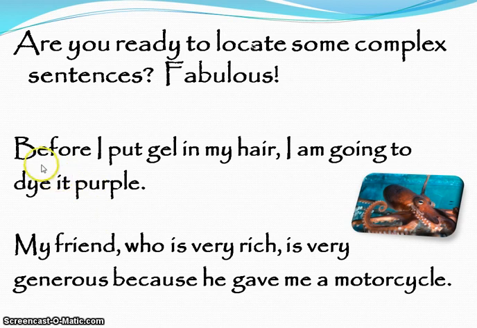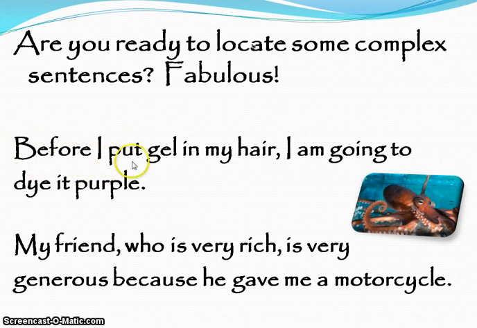Let's look at this example. Before I put gel in my hair, I'm going to dye it purple. So when I take a look at this sentence, I don't see any commas and conjunctions, and I don't see semicolons, so I can go ahead and rule out compounds. And then I see this clue word right here, before. Sometimes that can be a preposition, but if it has a subject and a verb, I've got a clause.